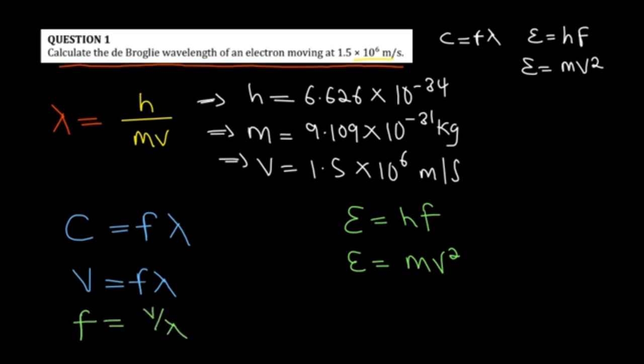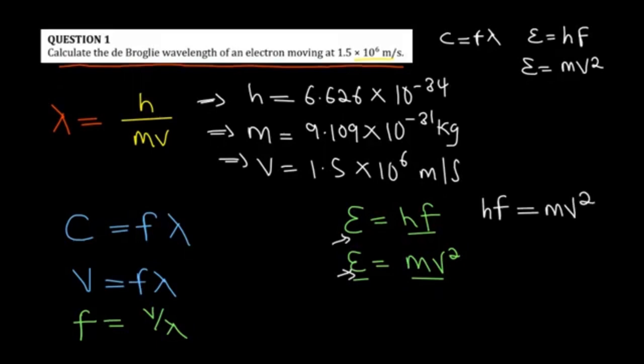Here I have two formulas for finding energy. Energy is equal to this, and again energy is equal to this. So it means I can equate the two. I have hf, which is energy, and this one is also energy, so these two are equal.